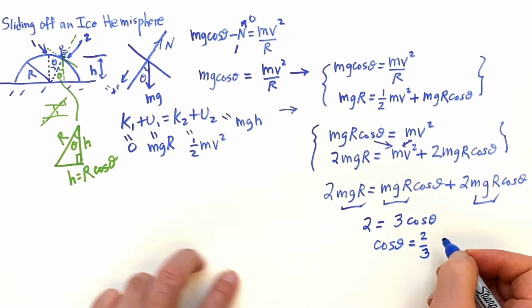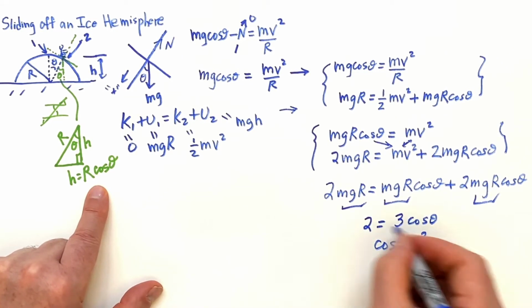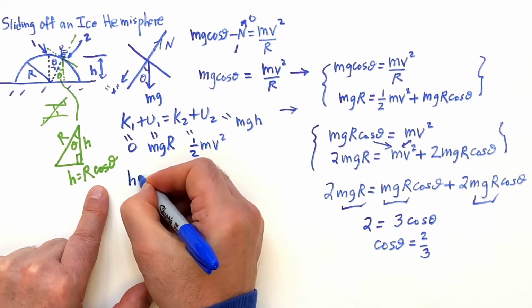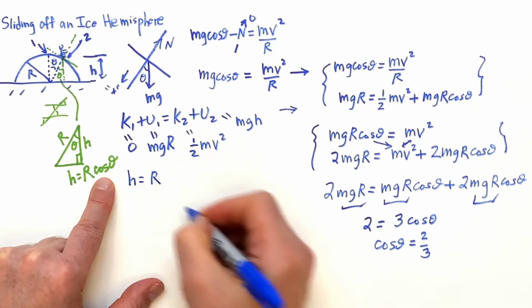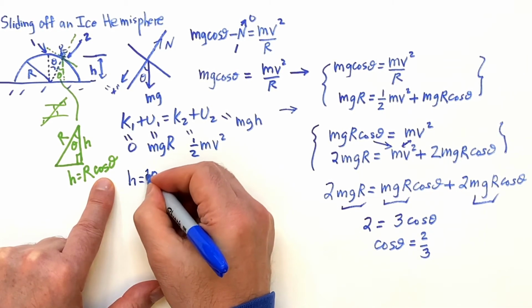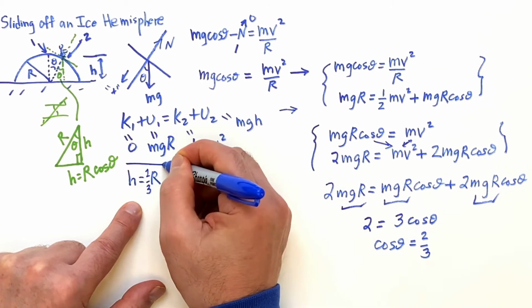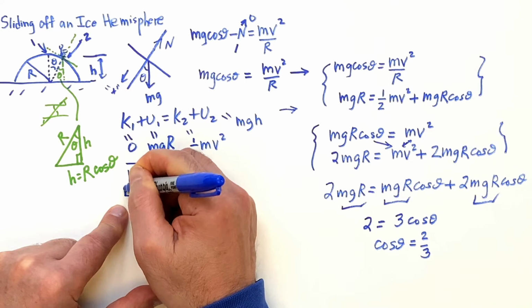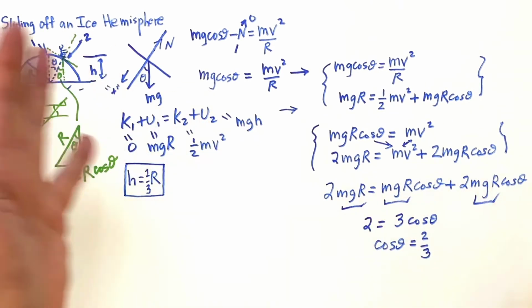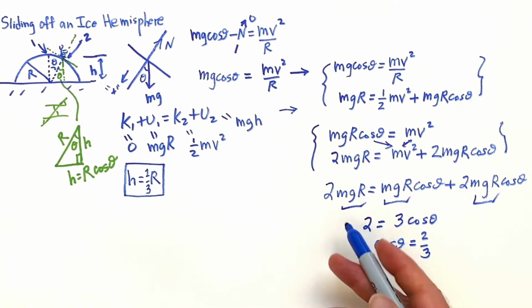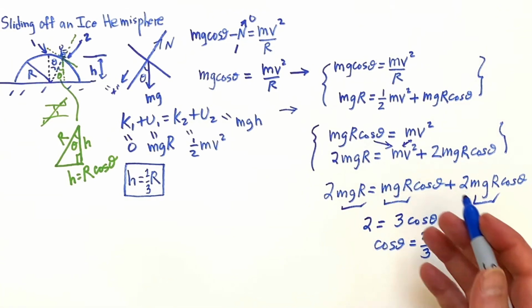I immediately have my answer because h is r times the cosine, which is the 2/3. That's the answer. The height is 2/3 r. Isn't that nice? Doesn't matter how much mass the child has. It doesn't matter what planet the child is on.